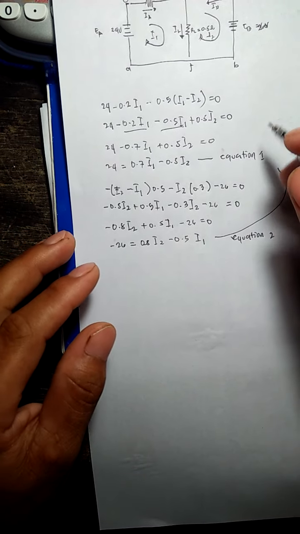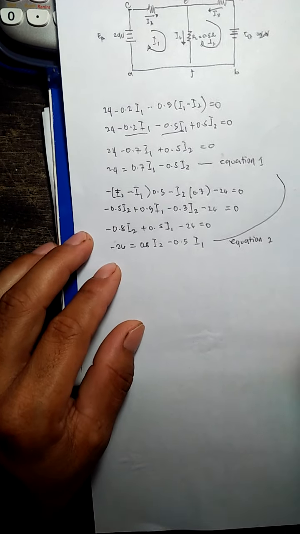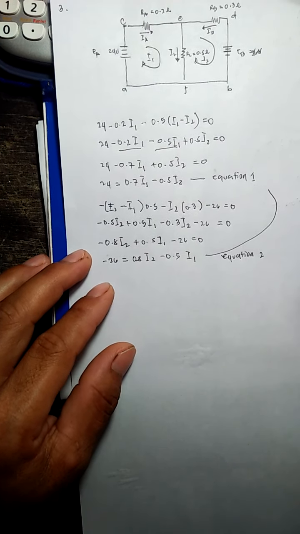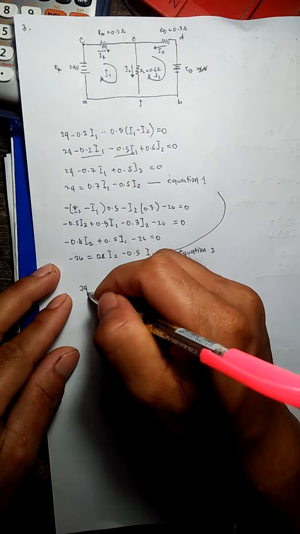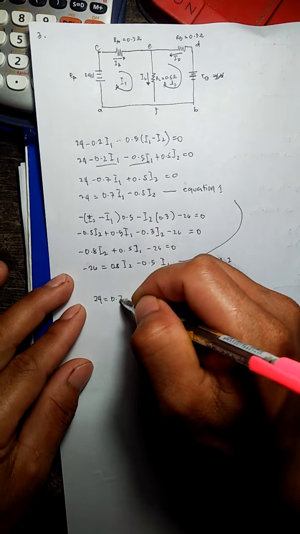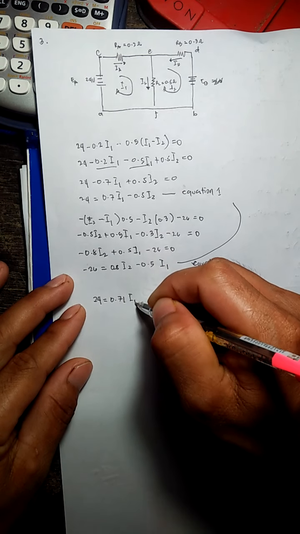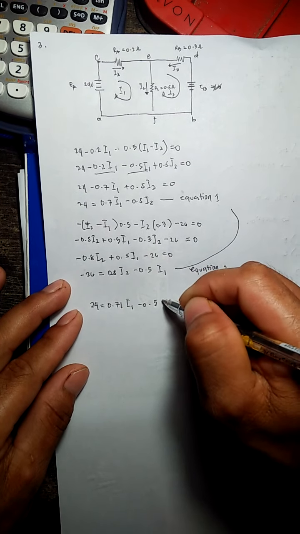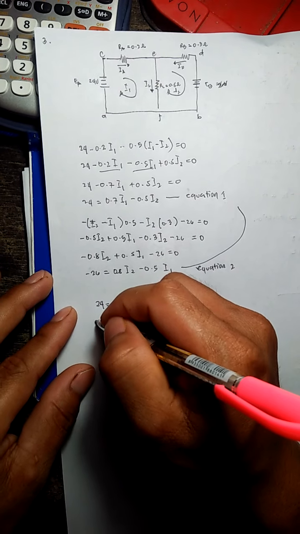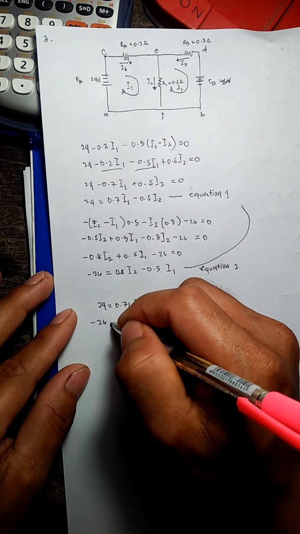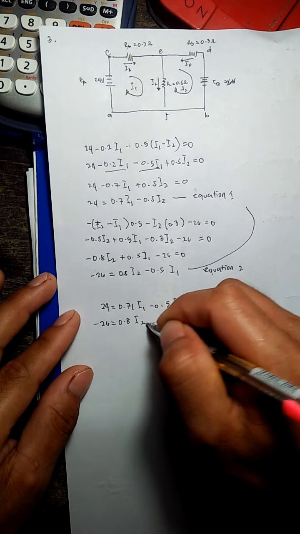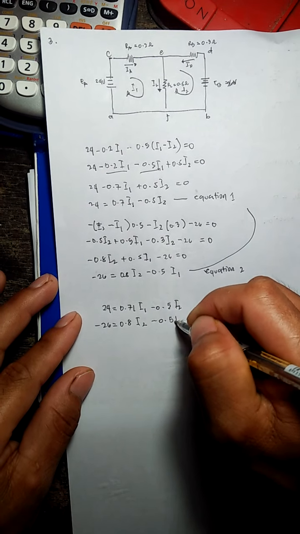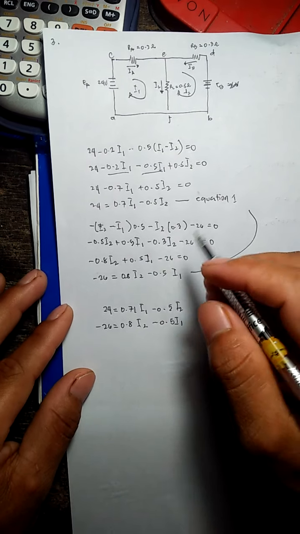What we should do is eliminate between the two equations. So copy equation 1: 24 is equal to 0.7 I1 minus 0.5 I2, then negative 26 is equal to 0.8 I2 minus 0.5 I1.